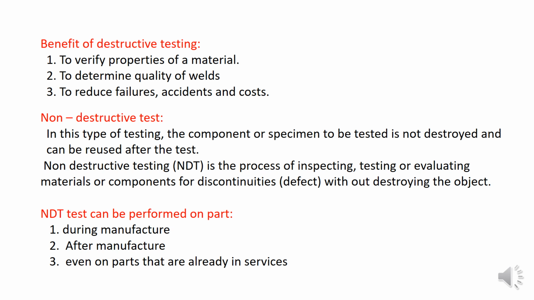So we have to study the properties of the material for the purpose of specific applications. Second benefit, to determine the quality of weld. Third one is to reduce failure, accidents and cost.